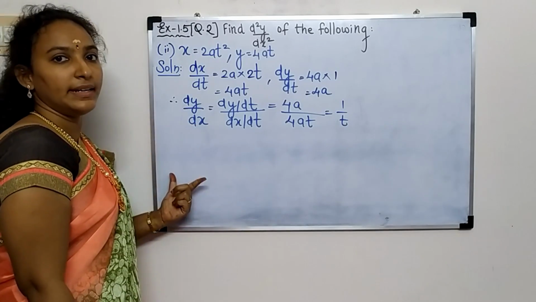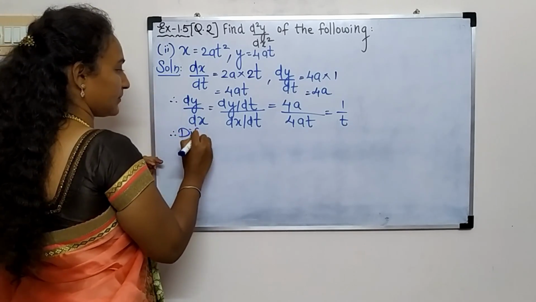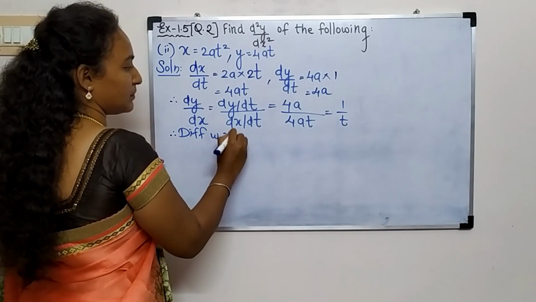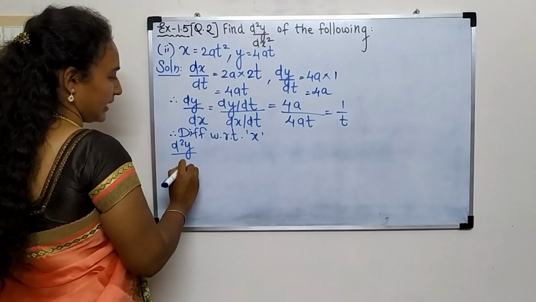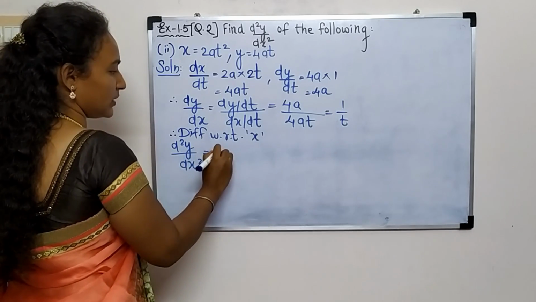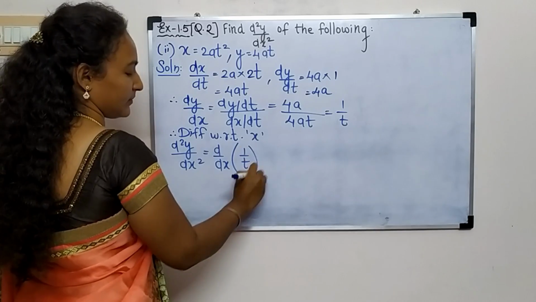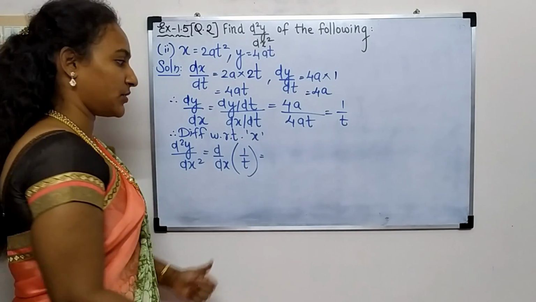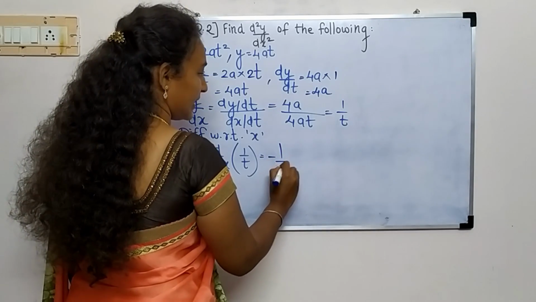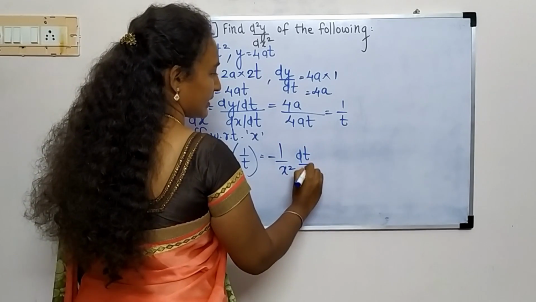Now let us find d square y by dx square. Differentiate with respect to x, we get d square y upon dx square is equal to d by dx of 1 by t. This can be considered as a composite function. So the derivative will be minus 1 upon t square into dt by dx.